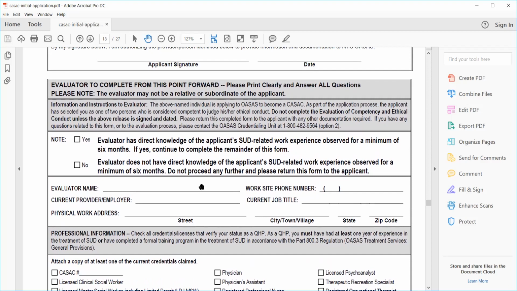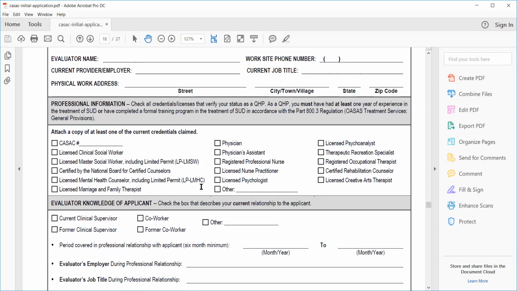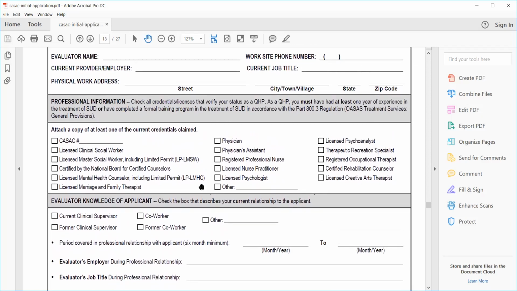This all goes along with the information you need to get your CASAC. So somewhere in those, you have up to 5 years to get the 6,000 hours of on-the-job training, and somewhere you need to have a QHP sign this form that has to do with ethical practices. All right.